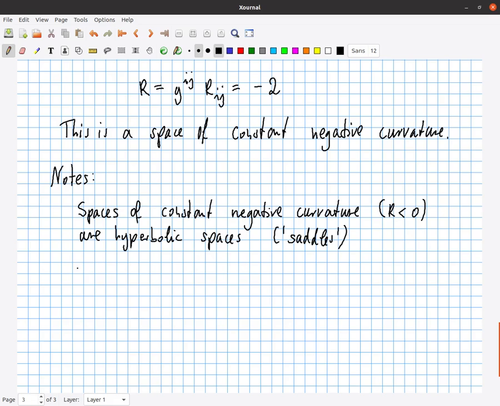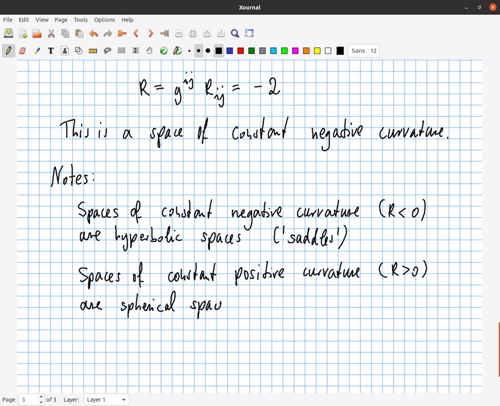Spaces of constant positive curvature, you all know those very well, are spherical spaces, which means you can just think about spheres.